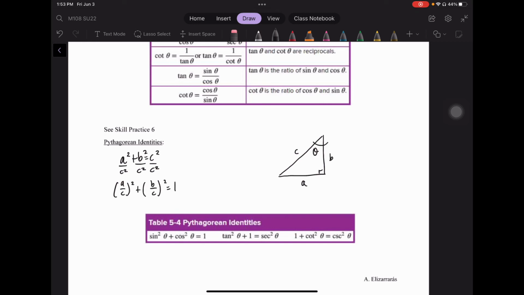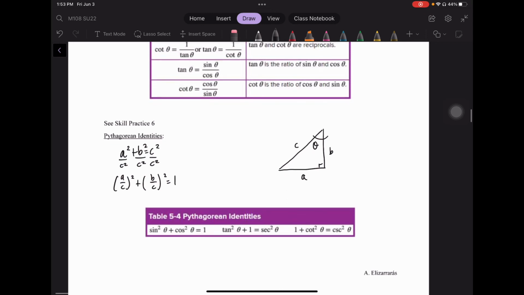For this angle theta, a over c is sine, opposite over hypotenuse. So that is sine squared of theta. b over c is the cosine, and we have cosine squared of theta equals 1. And you can use those ideas to help you prove tangent squared of theta plus 1 equals secant squared of theta, and 1 plus cotangent squared of theta equals cosecant squared of theta.